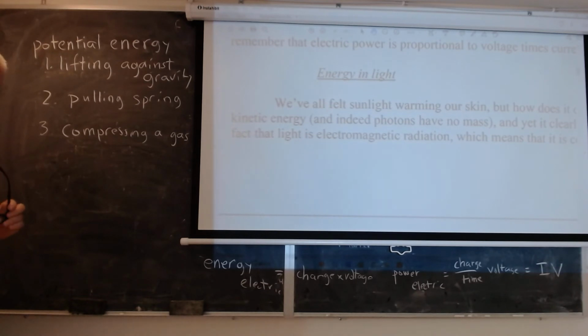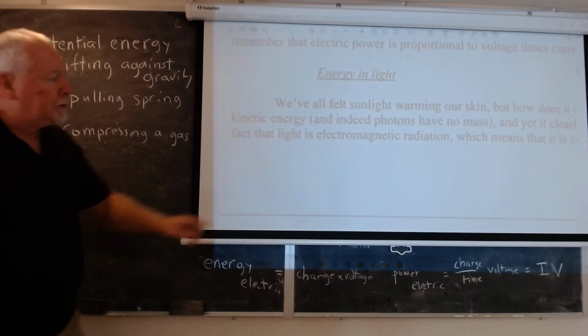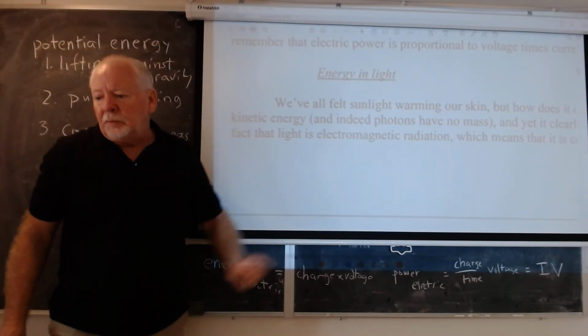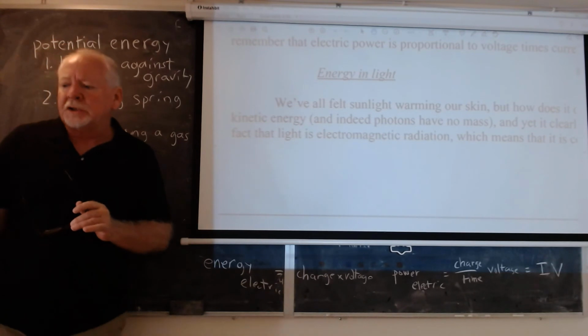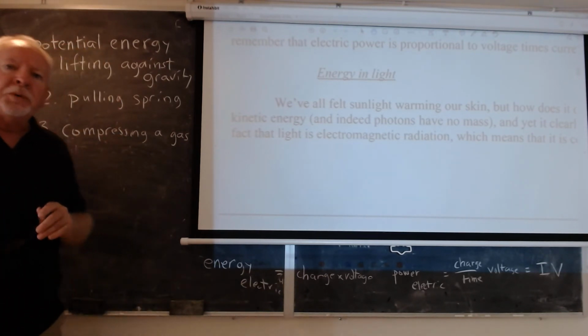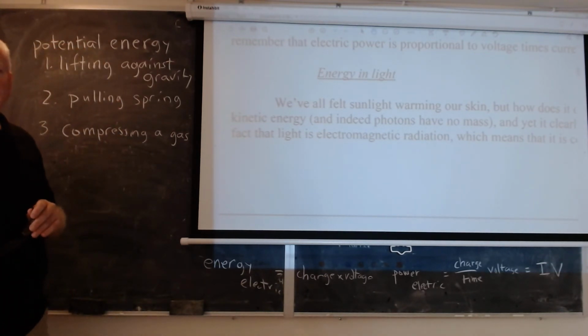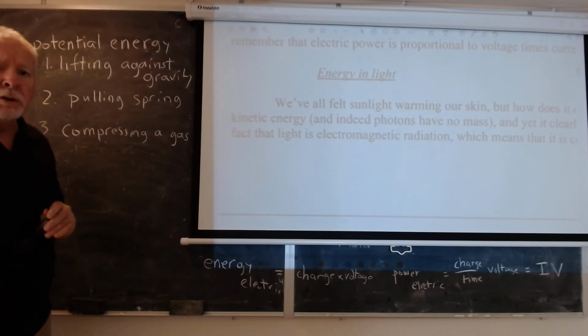There are lots of electrical engineering courses around here, or physics courses for that matter, that would teach you this. But what we understand about light is that light is electromagnetic, meaning it's composed of electric and magnetic fields. And primarily the electric fields are what impart energy.